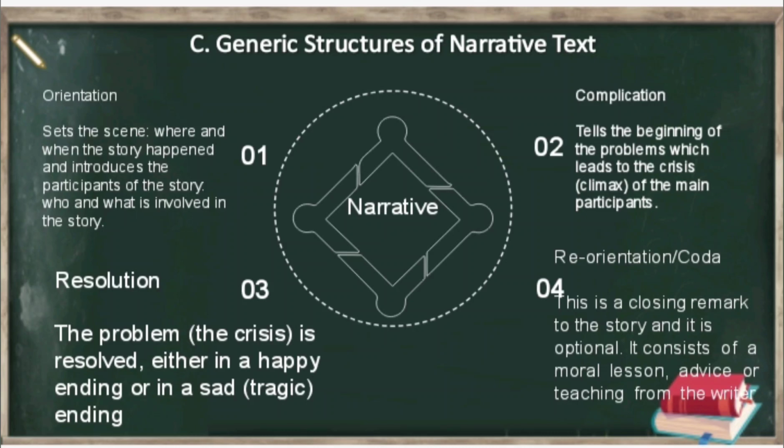After that, the fourth part, reorientation or coda. This is a closing remark to the story, and it is optional. It consists of a moral lesson, advice, or teaching from the writer.